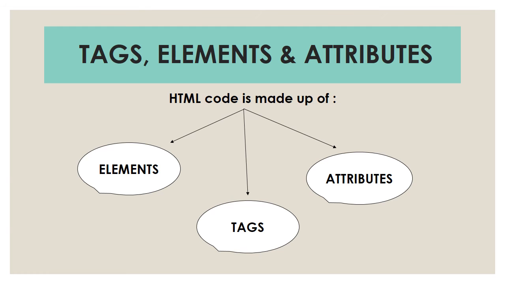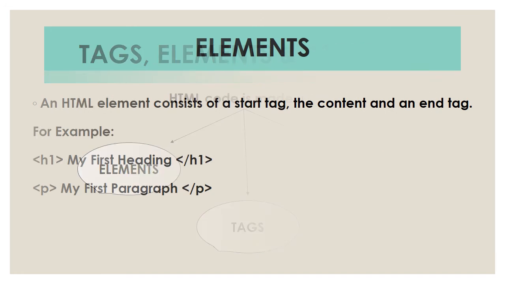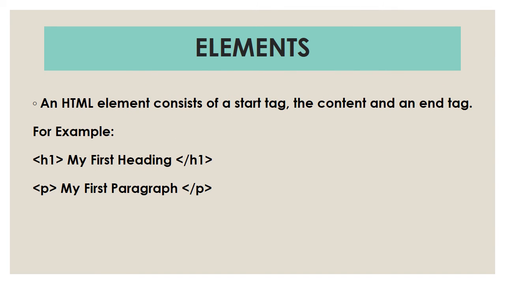HTML is basically made up of elements, tags, and attributes. In this video, I am going to talk about elements. An HTML element is defined by a start tag, some content, and an end tag. Here in the example, suppose you have to write a heading on a web page.